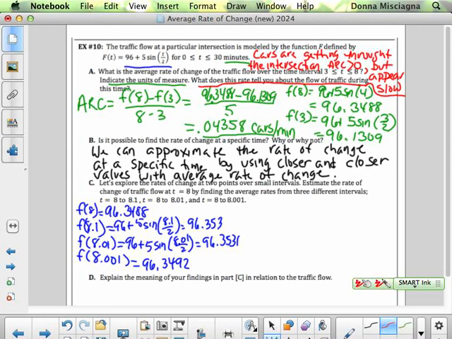Because it's positive. Let's add that to our notes. Because the average rate of change is greater than 0, the rate is increasing.